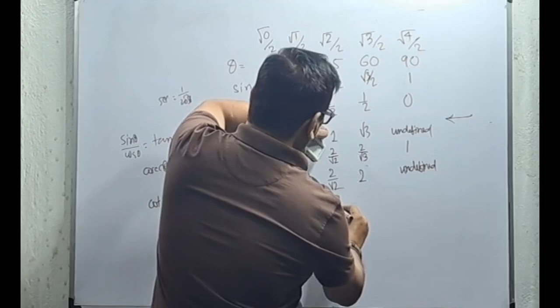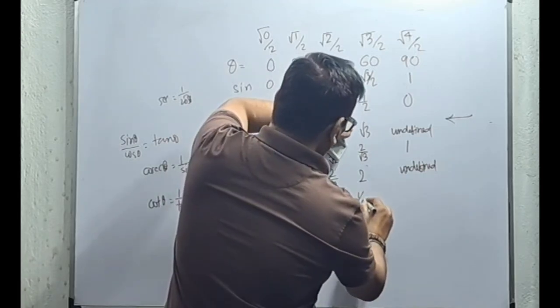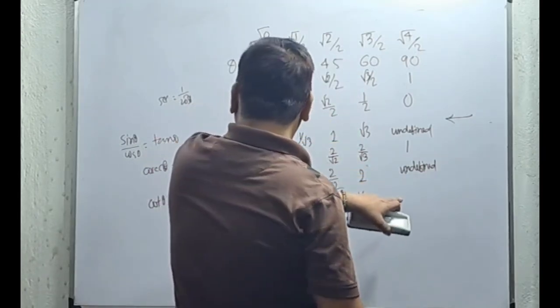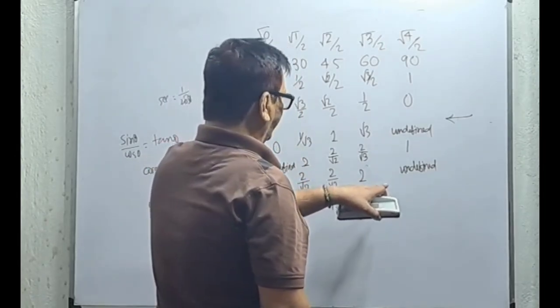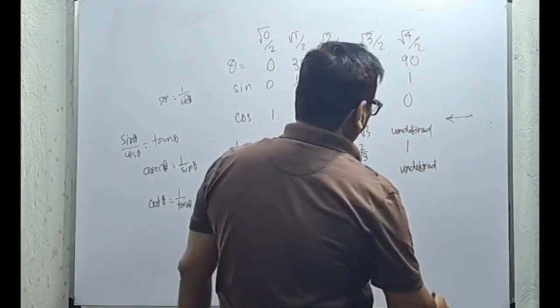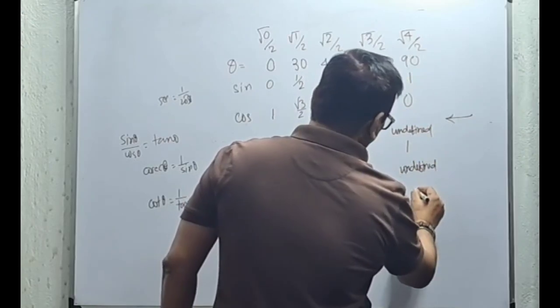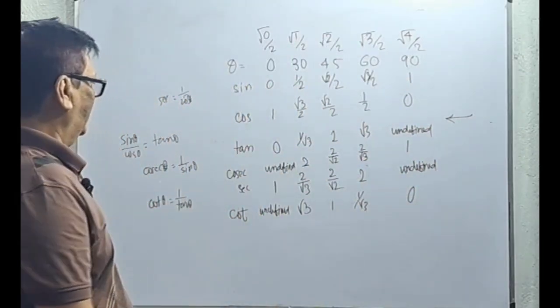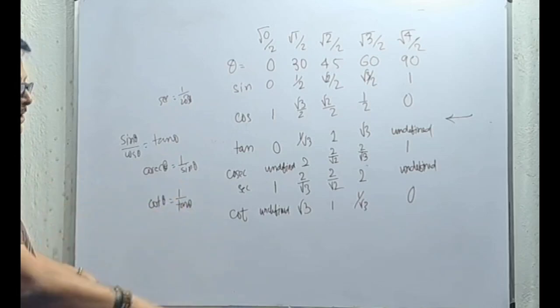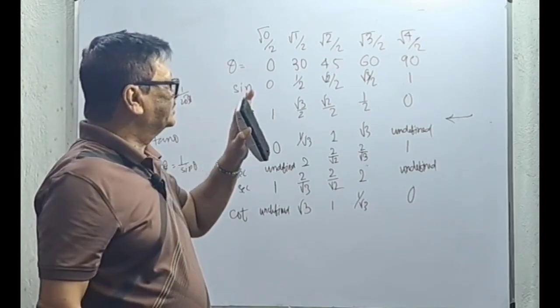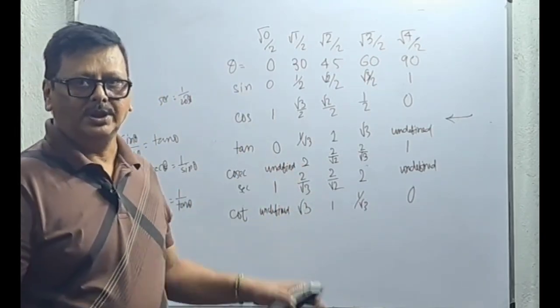Then 1. Then 1 by root 3. And this is cot is cos by sine. Cos 90 is 0. So 0. Right? So these are the values of the standard trigonometric ratios.